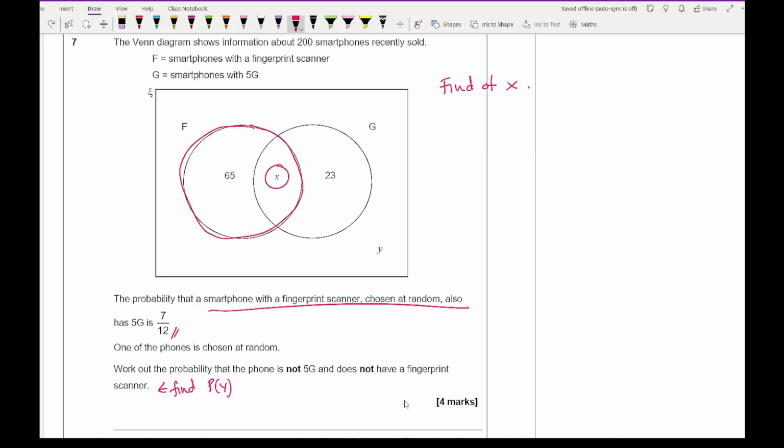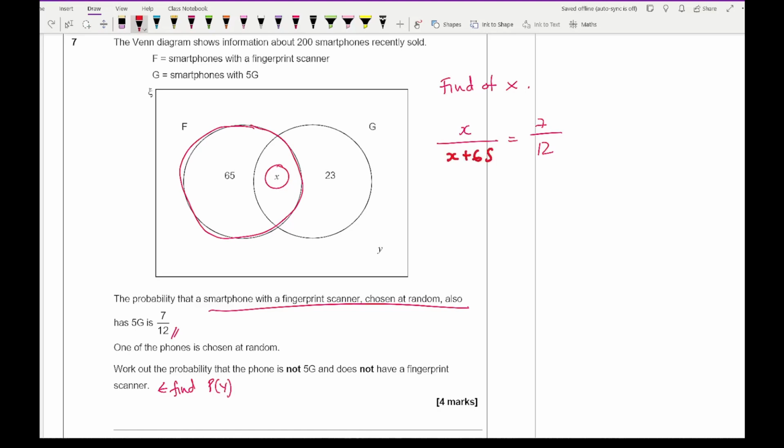So the probability that it's a fingerprint scanner is 65 plus x, and the probability that it's also 5G is going to be x, and we've been told that equals 7 over 12. Hopefully by writing it like this you can see that it's going to be an algebraic fraction. I'm just going to change this x and 65 so it's the other way around.